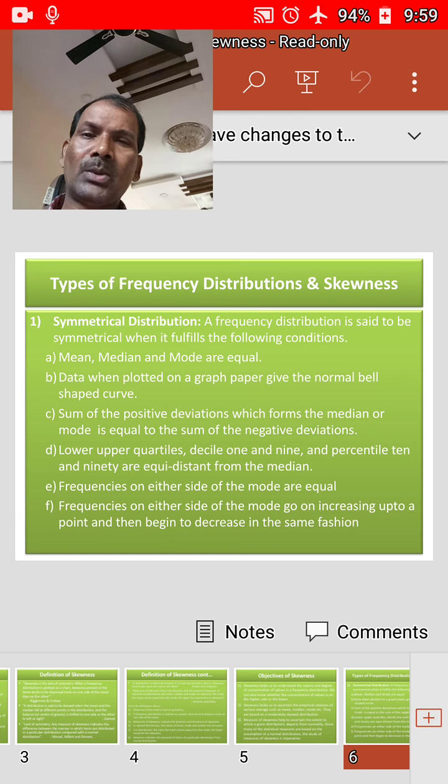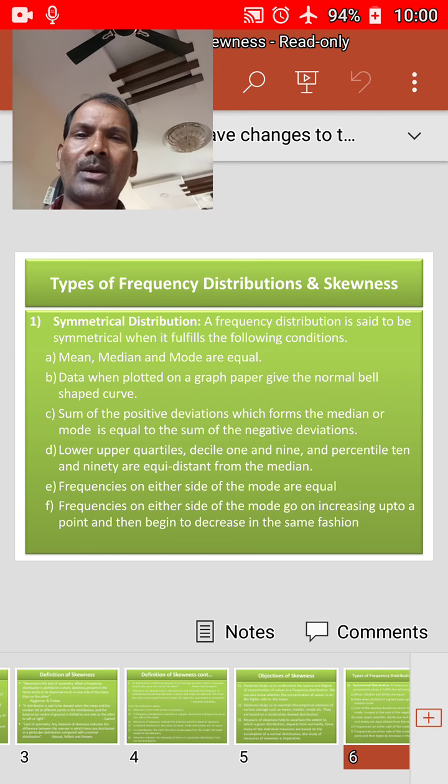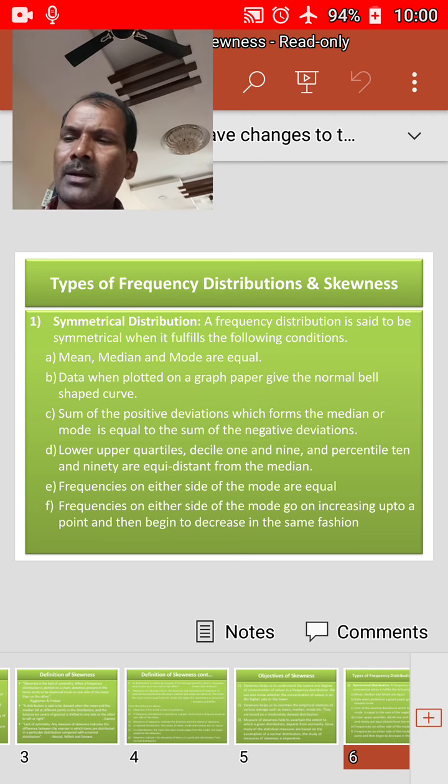Bilateral symmetry means you can cut the given object into only two equal halves. This is a human being. You can cut the human being into two equal halves. You will get one eye, half part of the nose, right? In that manner.